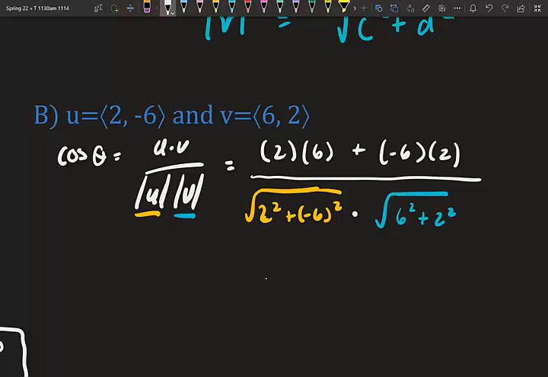And we simplify. So we have cosine theta equals 12 minus 12 over, so 2 squared is 4, negative 6 squared is 36, 36 plus 4 is 40. 6 squared is 36, 36 plus 2 squared, that's 40.